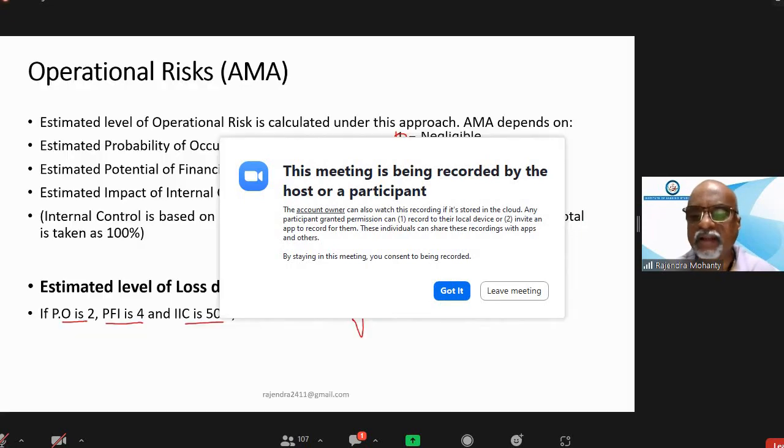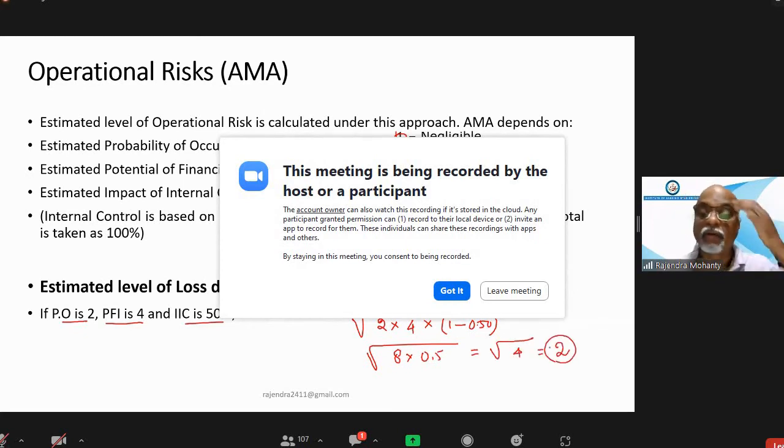Then we can easily calculate: PO is 2, PFI is 4, IIC is 50%, means 1 minus 0.50. 2 into 4 into 0.5 equals 4, square root equals 2. So our estimated loss level might be 2. 2 is low. Or you can give the percentage or the amount.